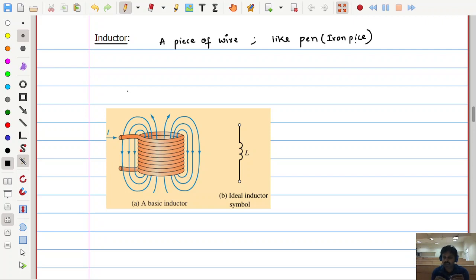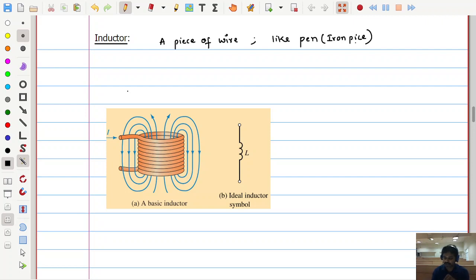Then you take a piece of wire and take some object like a pen and place this piece of wire on this pen and form a coil or a spring kind of thing. So this coil or spring which is placed on some object, that may be a pen, iron piece, steel or anything, this coil which is formed with the support of this object is called an inductor.